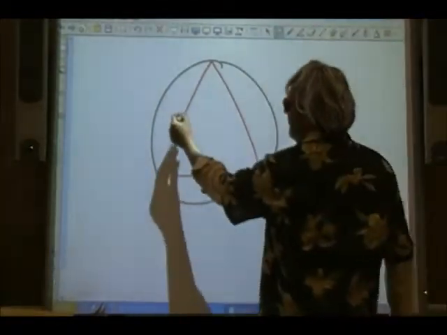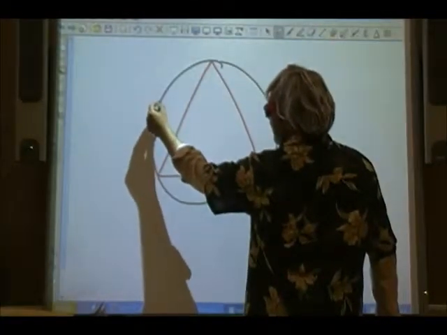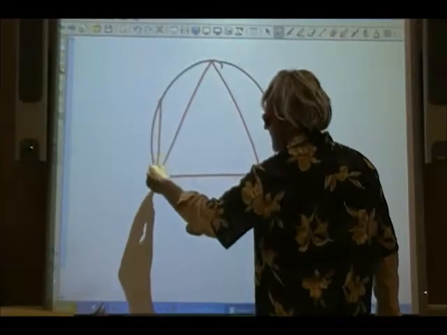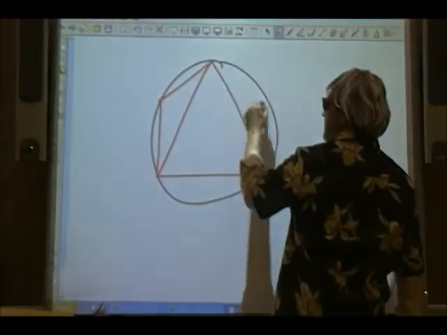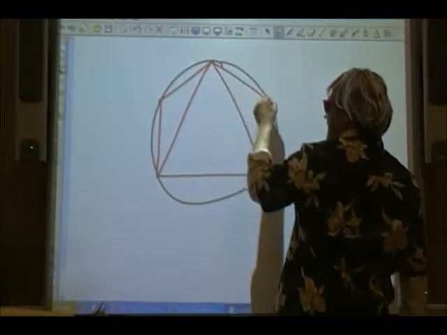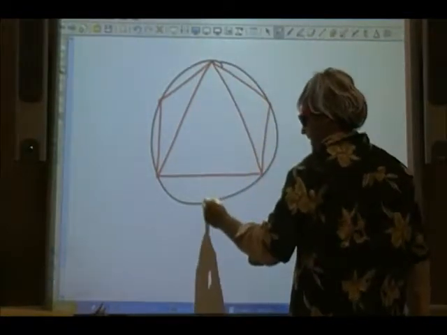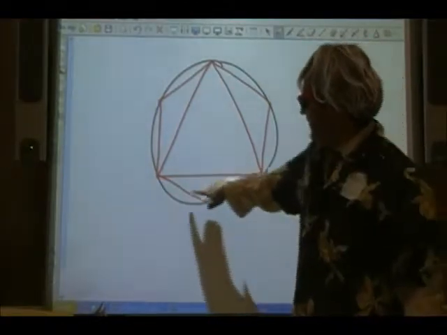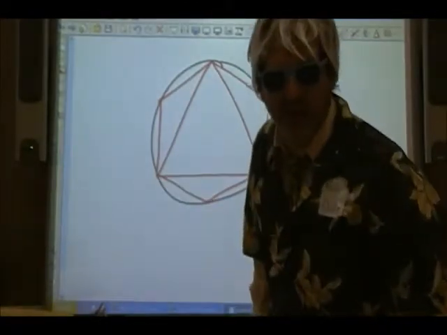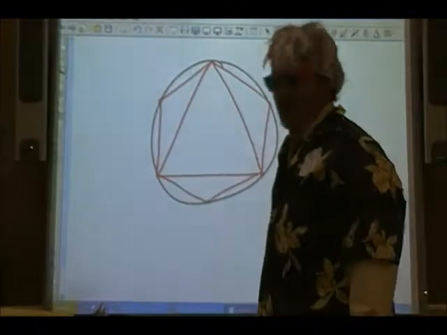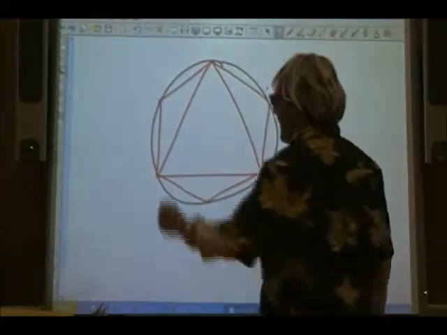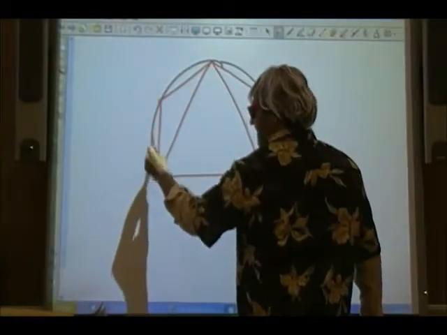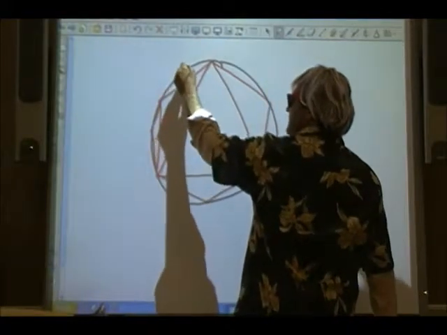So he would take half this measure, mark it on the arc, and then draw another one. Now look, this is a hexagon. Now he would add up the sides of the hexagon. He's getting closer to the circumference of the circle. And then he would do it again, and he would just measure this.